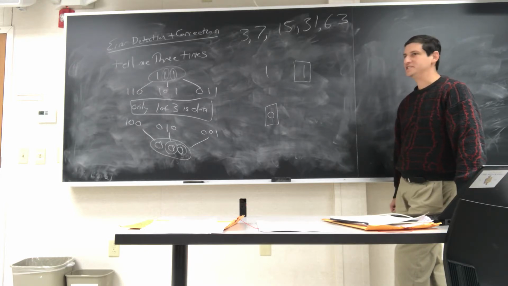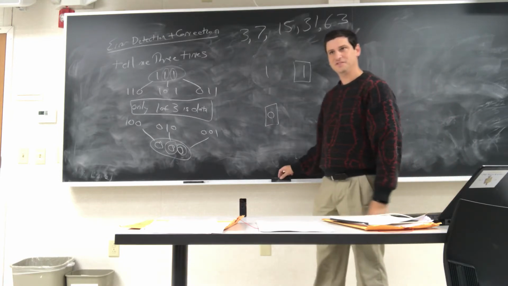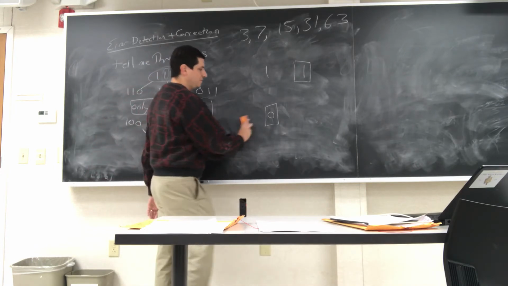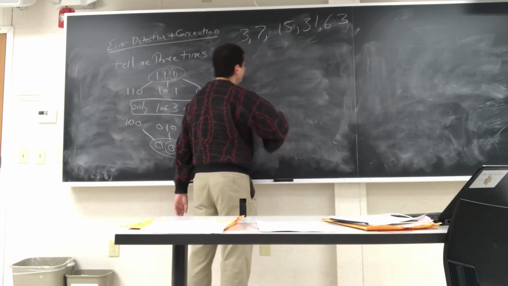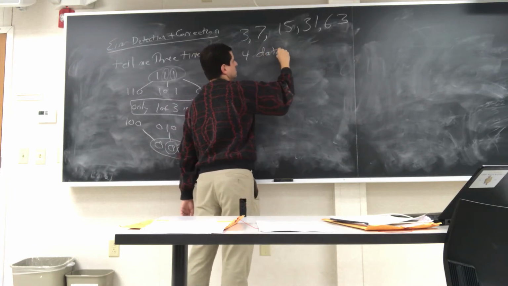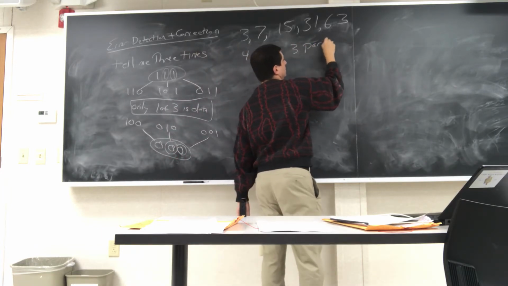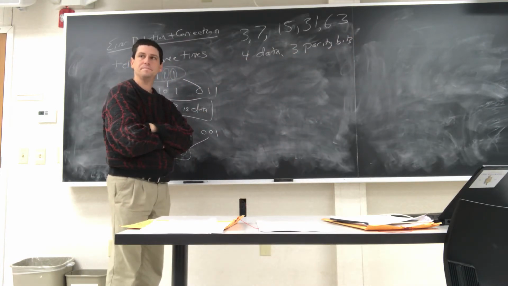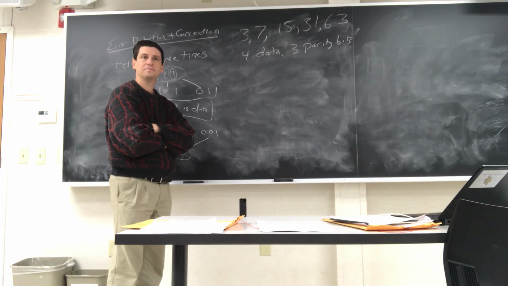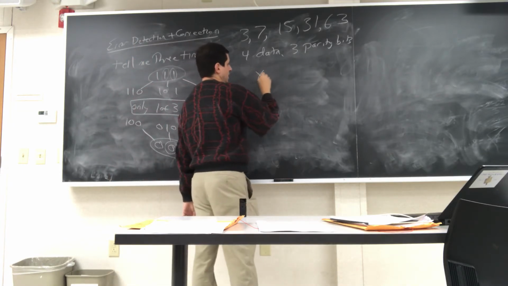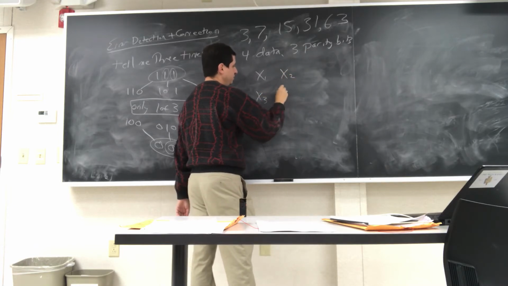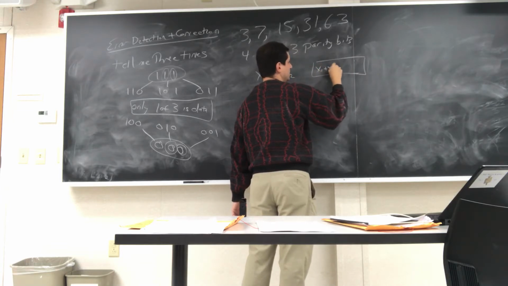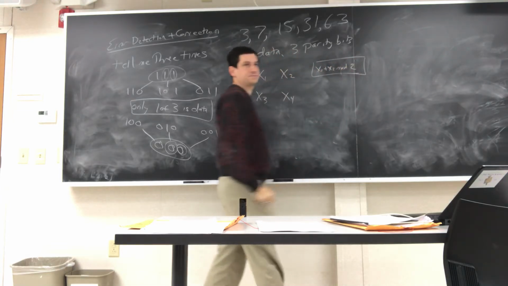What do you think we should do now for our 7? Where should the data be? So we need 4 data bits and 3 parity bits. A square of data: x1, x2, x3, x4. And this will be x1 plus x2 mod 2.